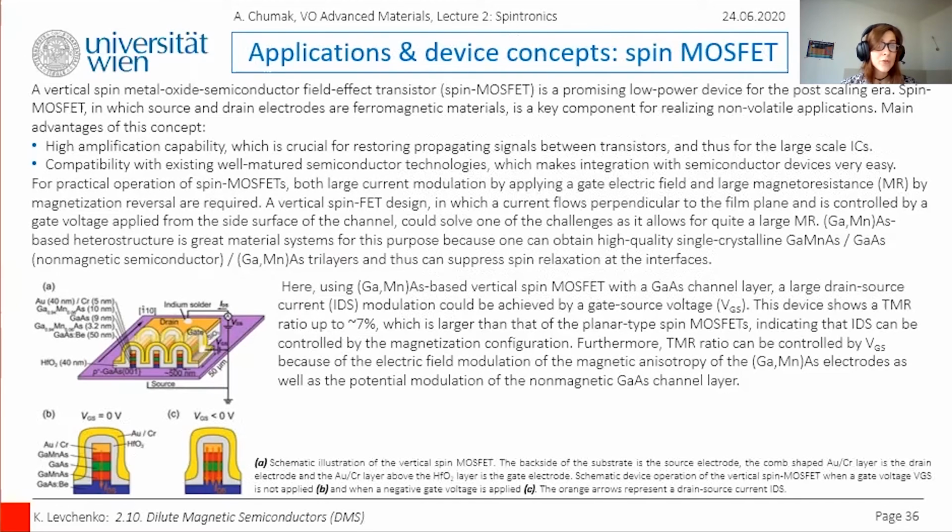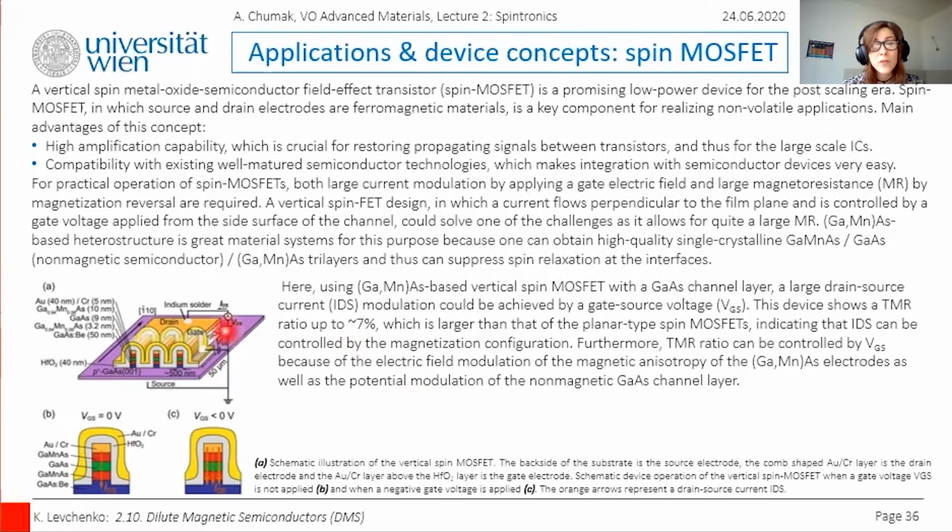The main parameters to modulate here are the large magnetic resistance and the large current modulation by an applied gate electric field. In particular, in this design of a vertical spin-FET, the current flows perpendicular to the film plane and is controlled by the gate voltage applied from the side surface of the channel.